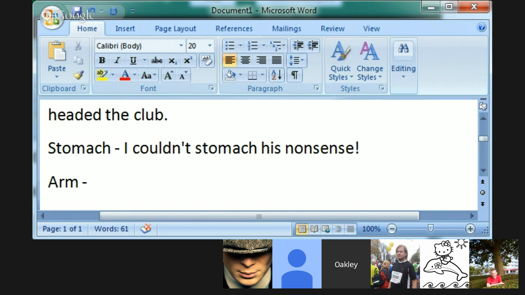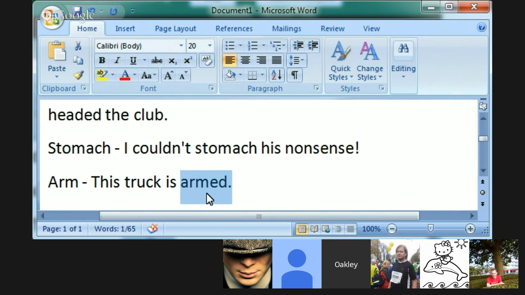This truck is armed. Okay. We haven't even talked about this. Here you're using armed as an adjective.